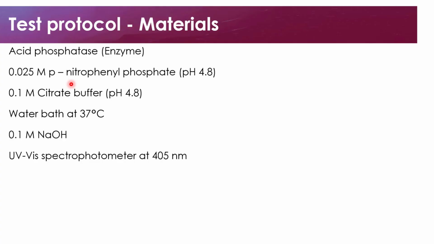We have our 0.1 molar citrate buffer of pH 4.8. We also have a water bath set at 37 degrees Celsius, 0.1 molar sodium hydroxide, and a UV-visible spectrophotometer set at 405 nanometer. So these are the various materials that we are going to use in performing this experiment.